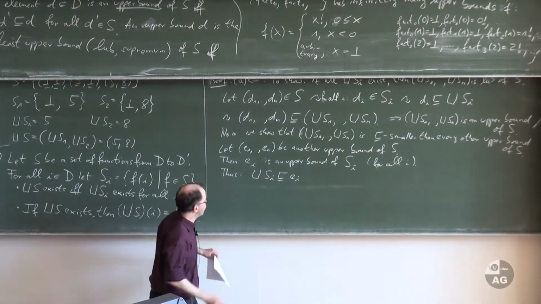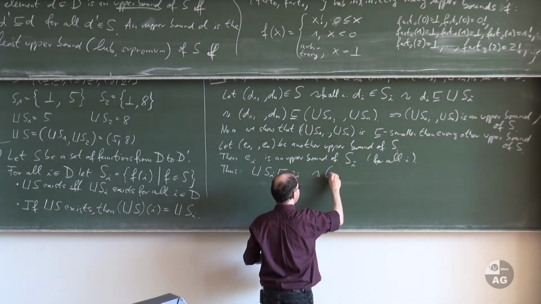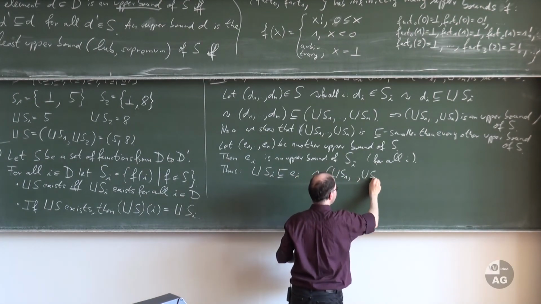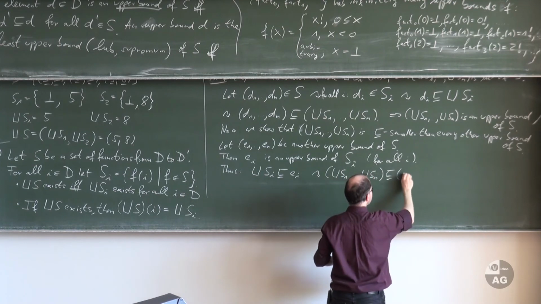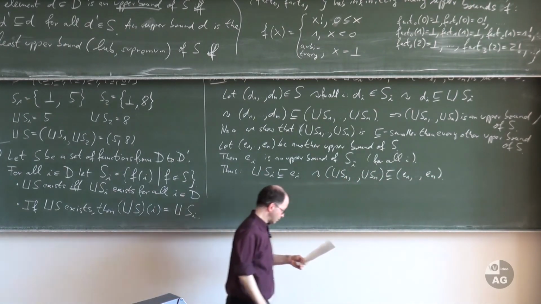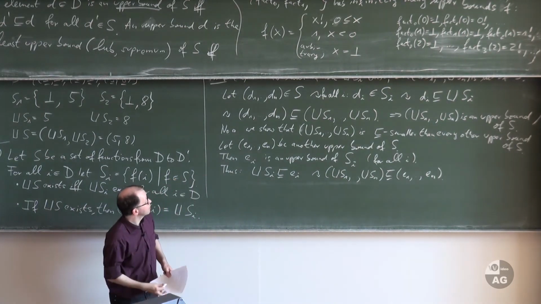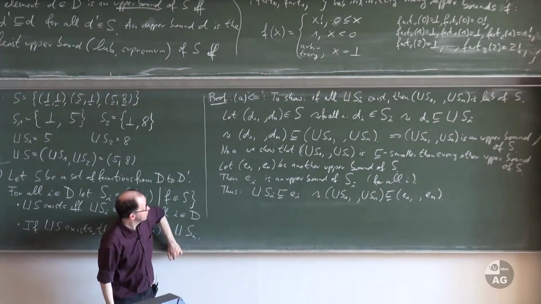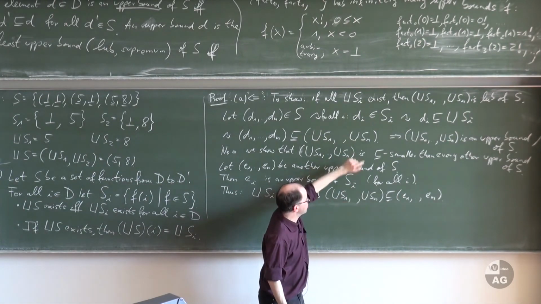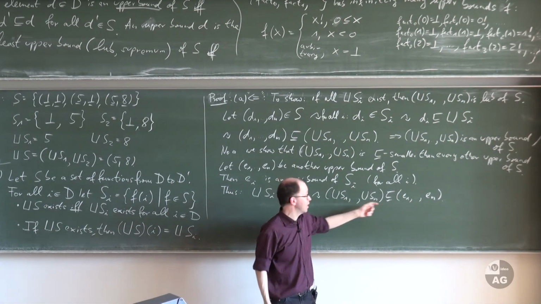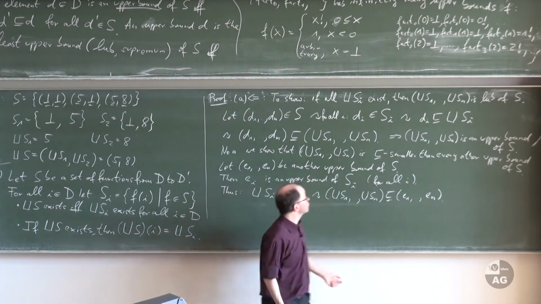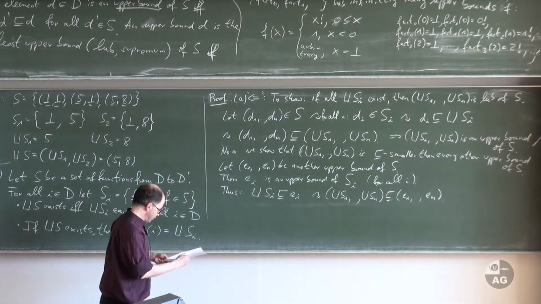And since this holds for all components, the tuple of all these least upper bounds is less than or equal to E1 to En. And so now we have shown that this thing is an upper bound, and it's less than or equal to every other upper bound, and therefore it's the least upper bound. So this was the direction from right to left.